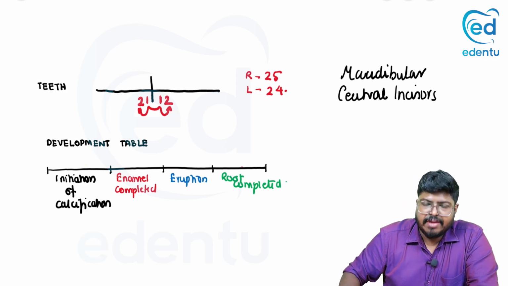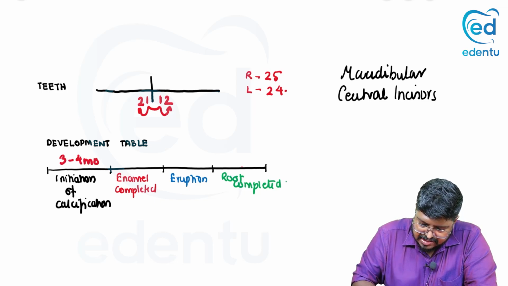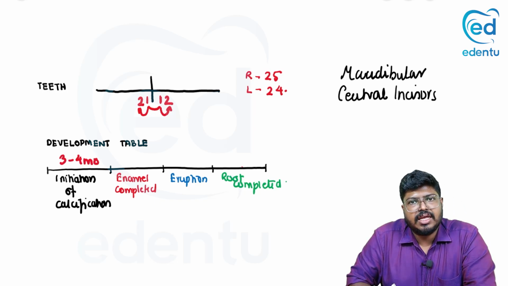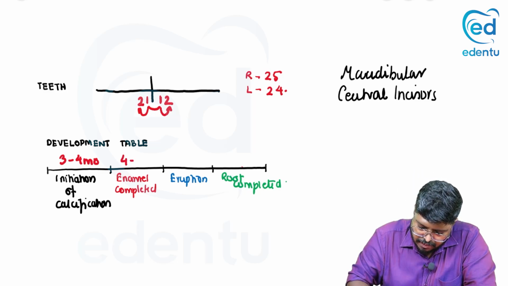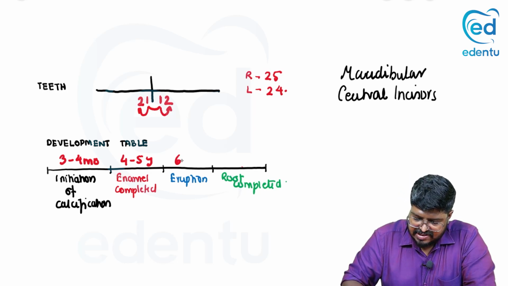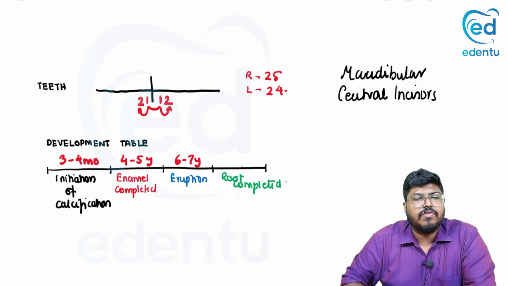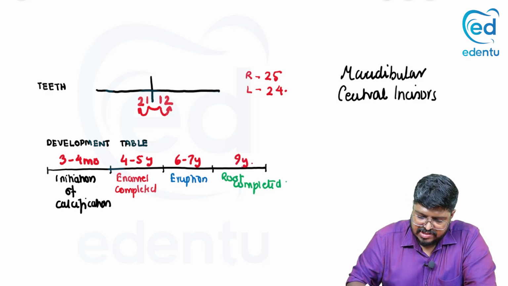When we come to the developmental table, the initiation of calcification happens at 3 to 4 months, following which the enamel has to be completed. This happens in about 4 to 5 years, following which the tooth erupts in the oral cavity at 6 to 7 years, followed by completion of the root at 9 years.